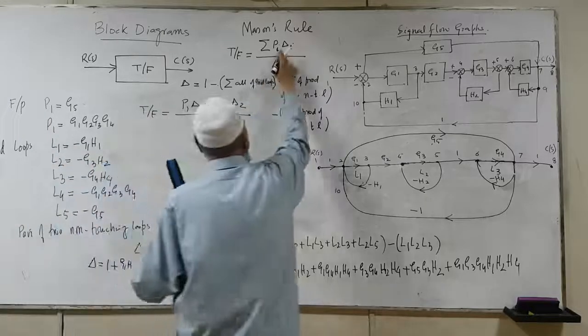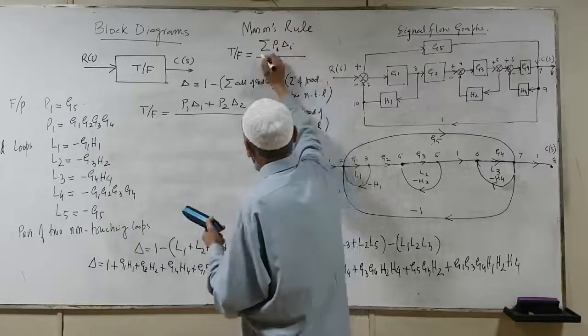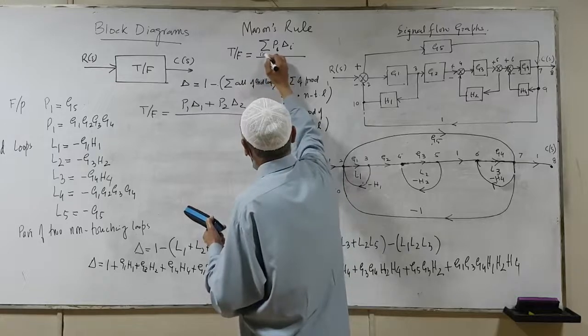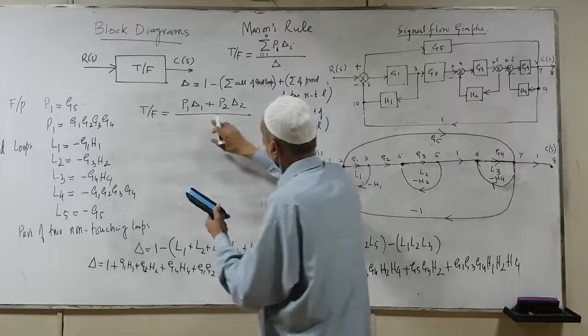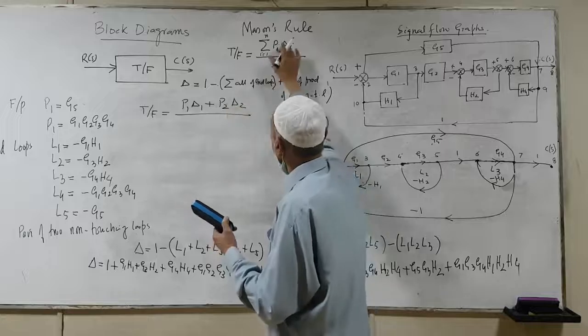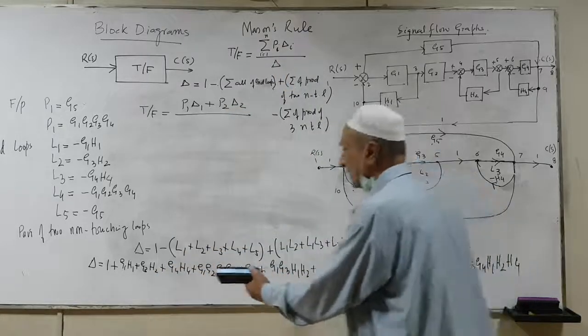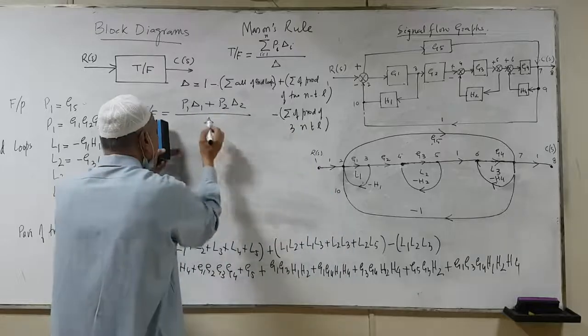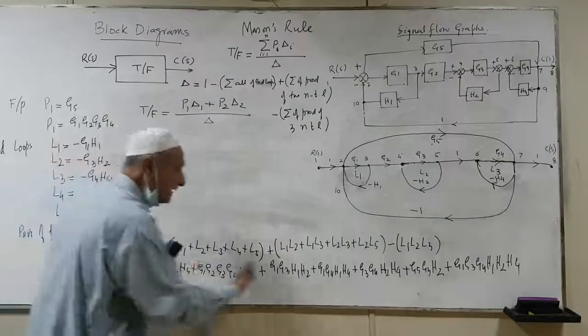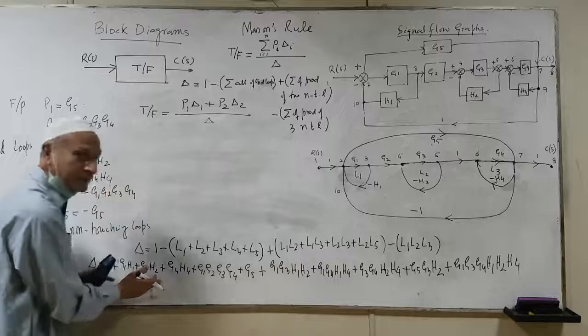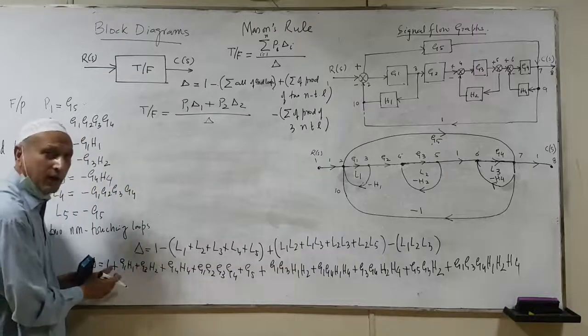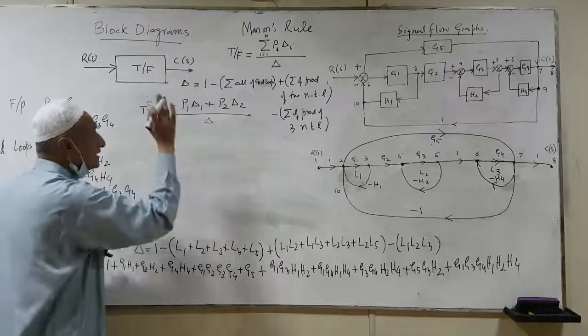So i means i from 1 to n. We end up with only this term in the numerator. In the denominator, we just write this whole big term, but just leave it as delta. Don't actually repeat this. We have already done so, so the examiner knows that you have evaluated delta. So just put delta, it's okay.